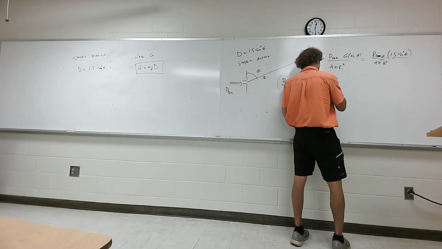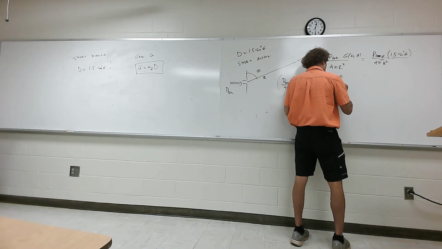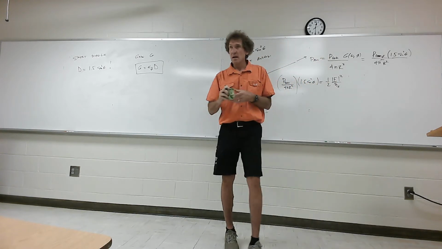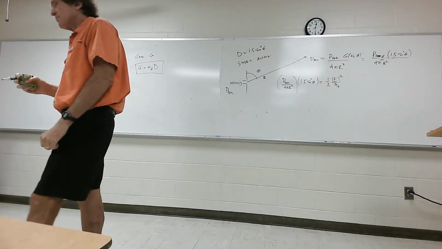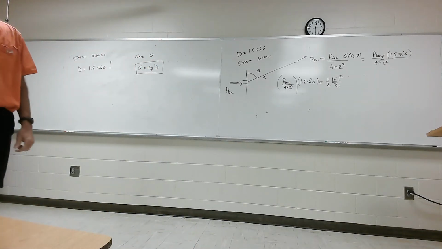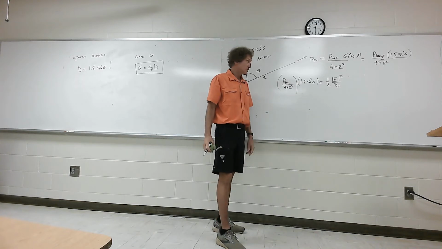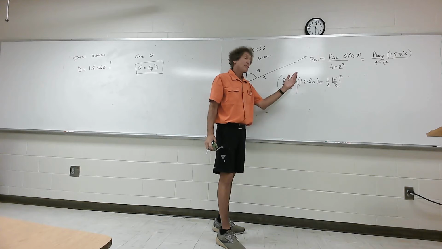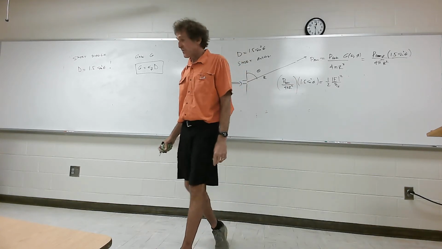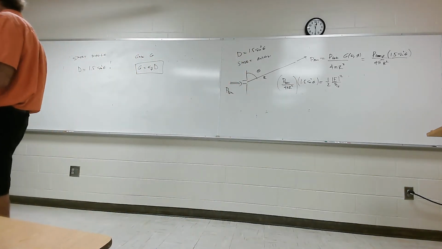It's just 1/2 the magnitude of the E field squared over eta 0. You all see that? That's the far field power density. So if we have the power density, we can easily get the E field just by multiplying it by 2 eta 0. You all follow me? And then if we take the square root of that, we get E, the electric field in volts per meter. All right?